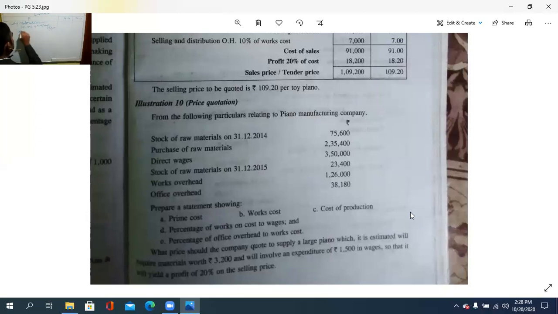And purchase, how much it is? 235,400. Okay. 75,600 plus 235,400, 3,11,000. Less closing stock of materials. How much it is? 23,400.